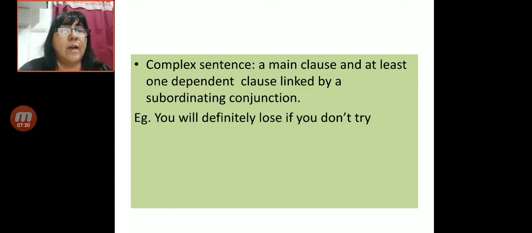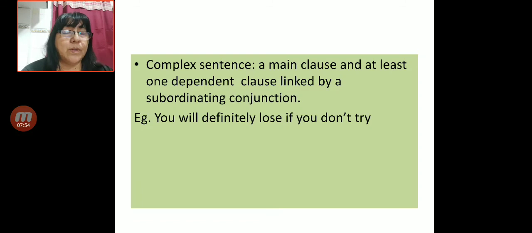So you have a main clause here, you will definitely lose, and one dependent clause, you don't try. So it means that you don't try depends on the main clause, you will definitely lose.